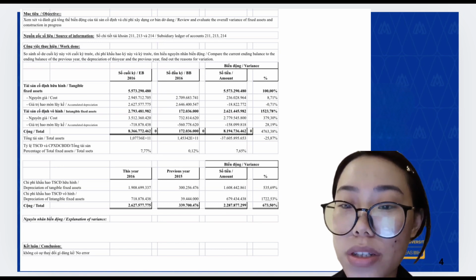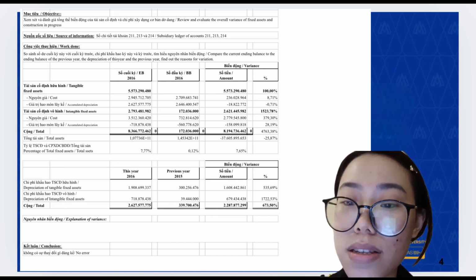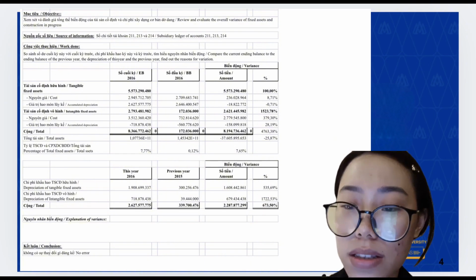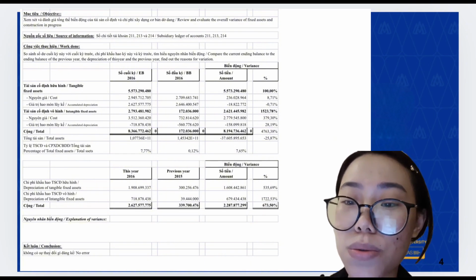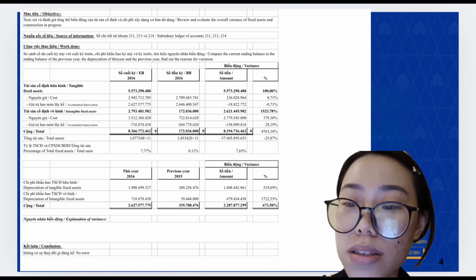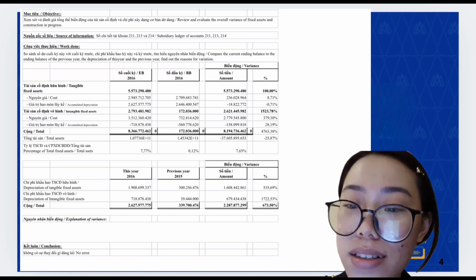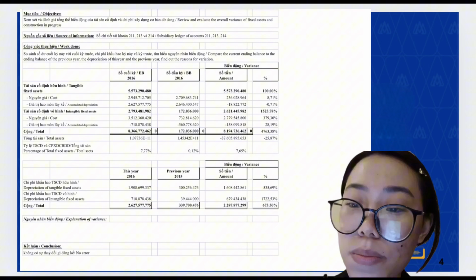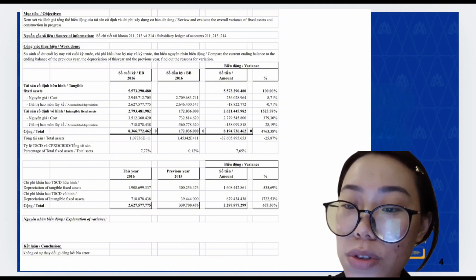Four, results: total asset variance in 2060 is approximately 287 billion Vietnam dong, a significant increase compared to 2050. Conclusions.